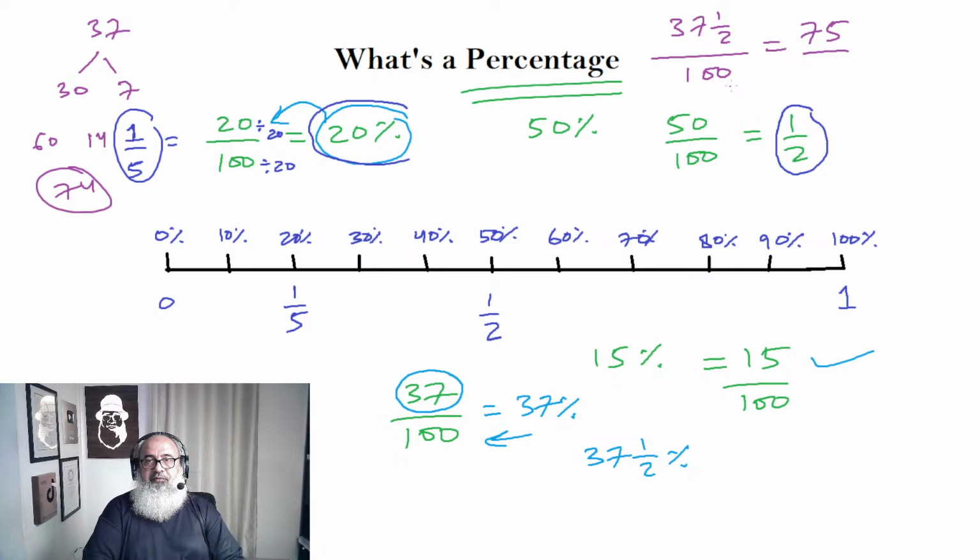So 3/8 is our answer. When we convert 37.5% to a fraction, we get 3/8.